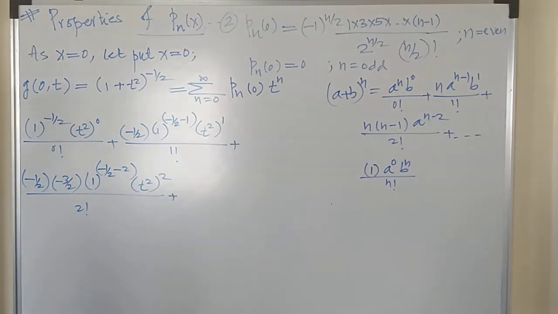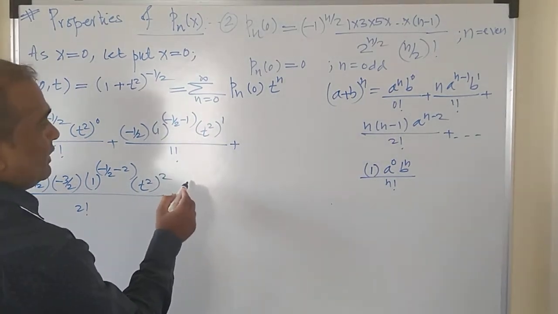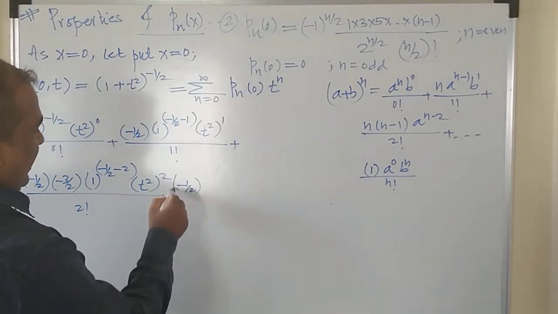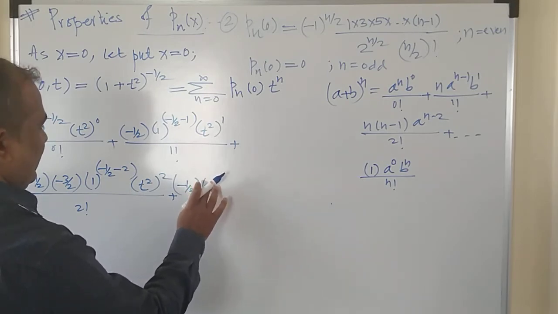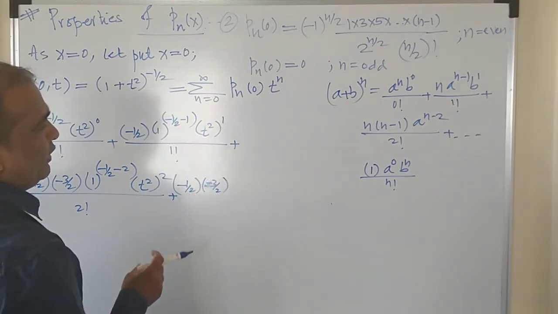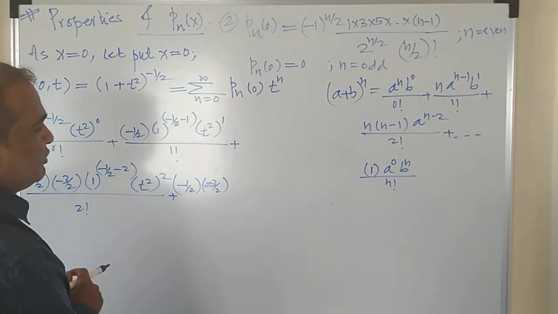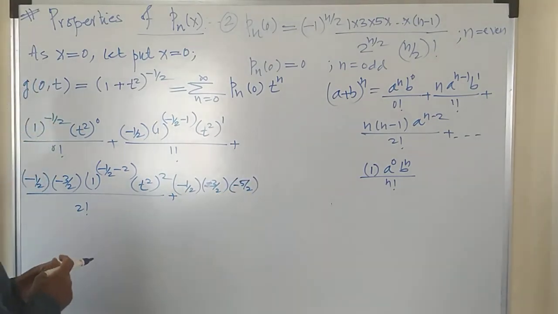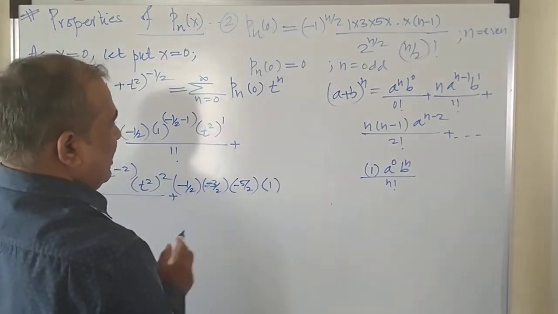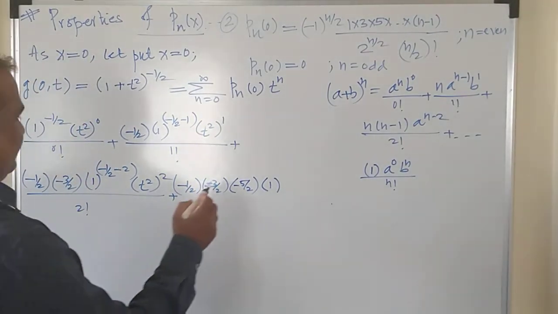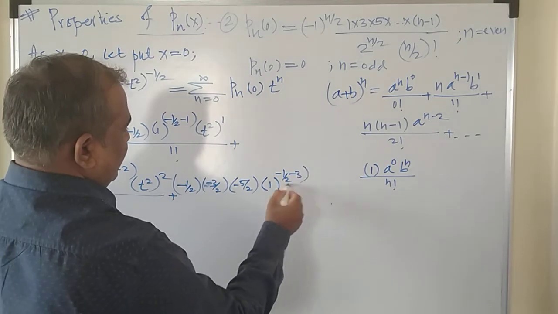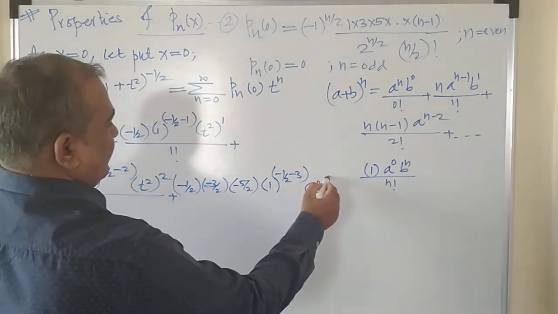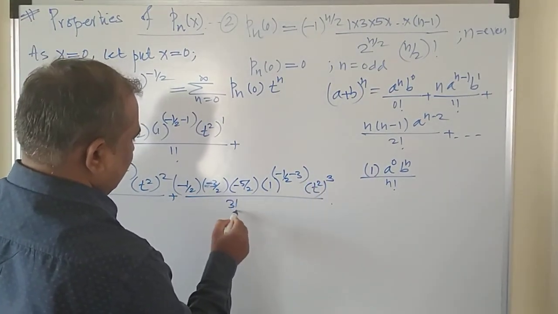Plus, let me write one more term and then the last term. The next term will be n into n minus 1, n minus 1 is minus 3 by 2, into n minus 2, n minus 2 will be minus 3 by 2 minus 1, which is minus 5 by 2, isn't it, into 1 raised to power minus half minus 3, and b raised to power 3 upon 3 factorial, right?